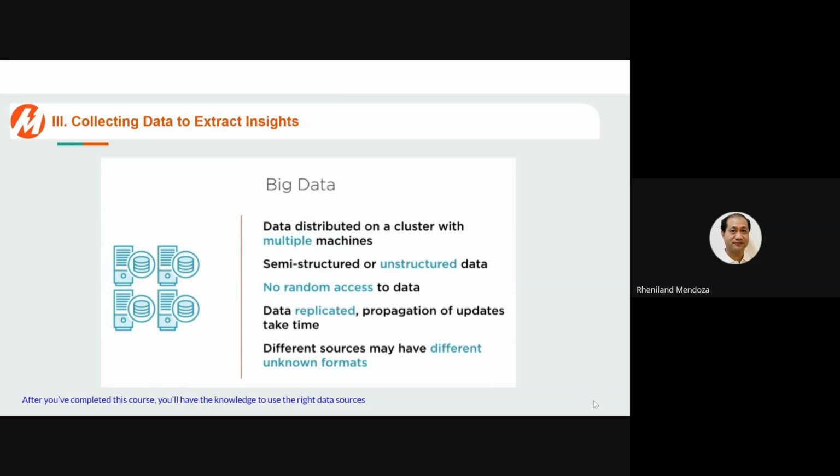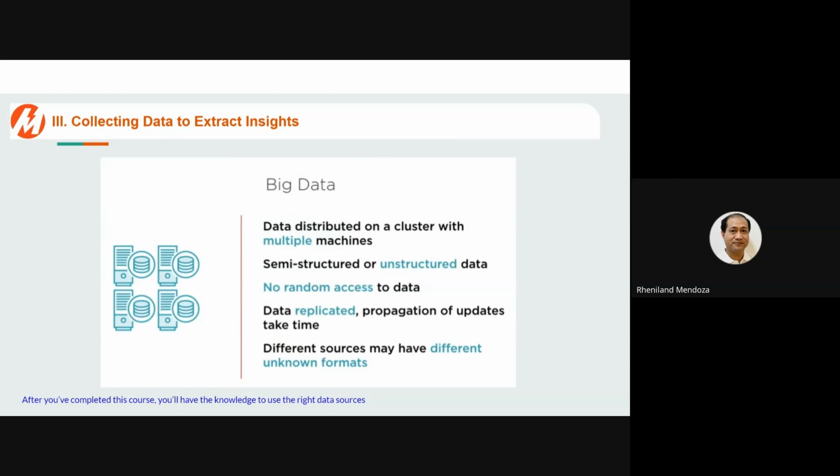Typically, when you're working with big data, you don't need random access to data. You simply need to be able to process a huge amount of data to extract insights. Big data is typically used for read operations and data is replicated, which means that propagation of updates takes time, as updates have to be propagated to all replicas.